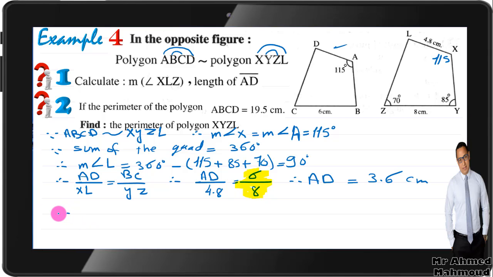Therefore, perimeter of ABCD over perimeter of XYZL equals 6 over 8.